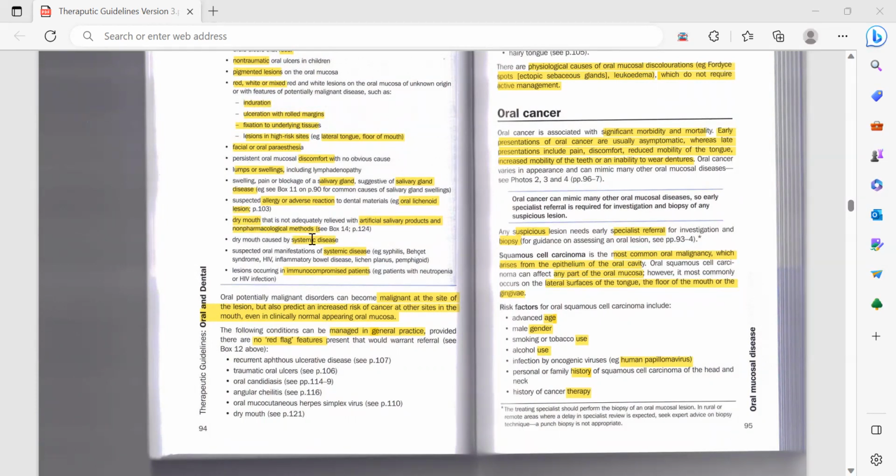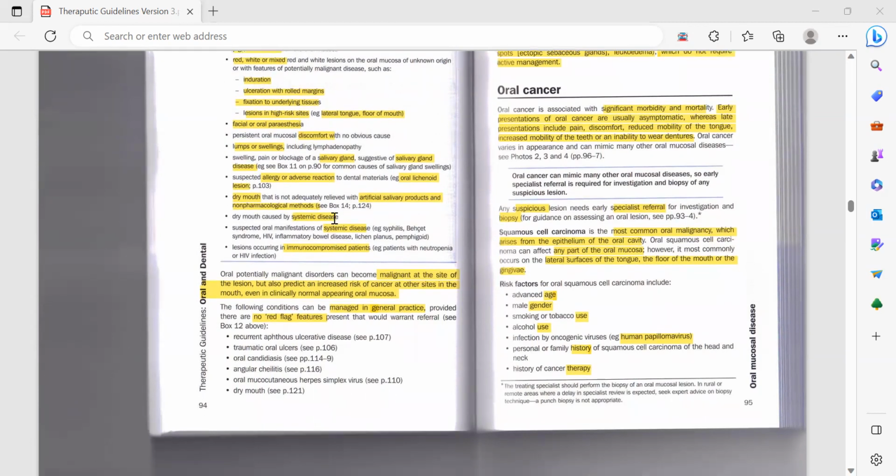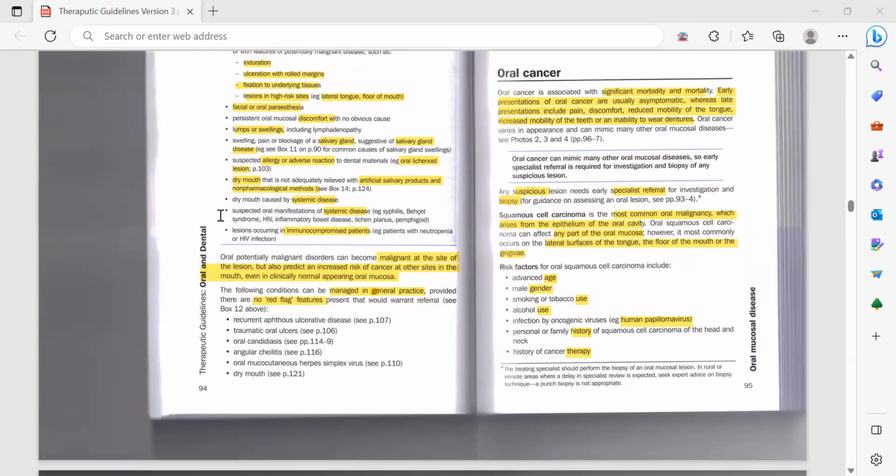And then the dry mouth that is caused by systemic disease. Then suspected oral manifestations of systemic disease, for example syphilis, Behçet syndrome, HIV, inflammatory bowel disease, or lichen planus or pemphigoid.